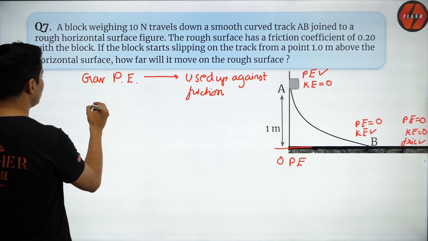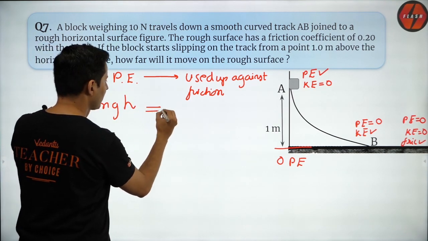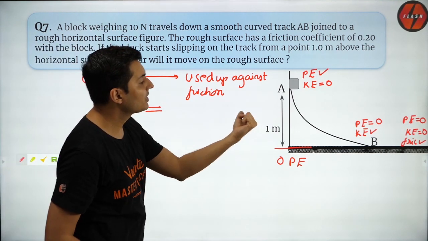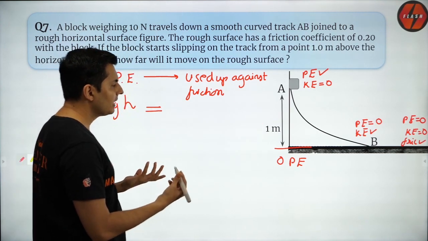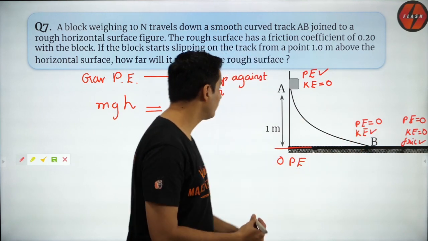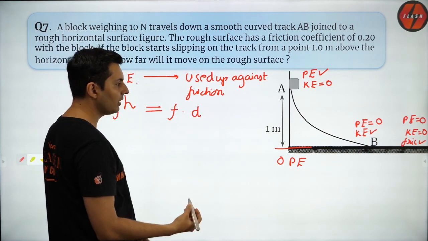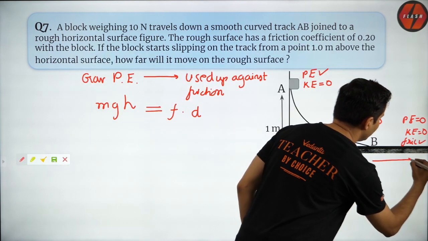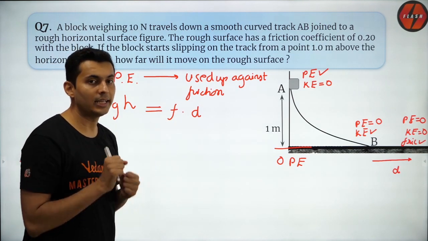So mgh, I'll just first write it symbolically, will be equal to how much energy did friction take away? Well, think about it. It will be the frictional force into the displacement. Whatever displacement it did into the frictional force will be the energy taken away.